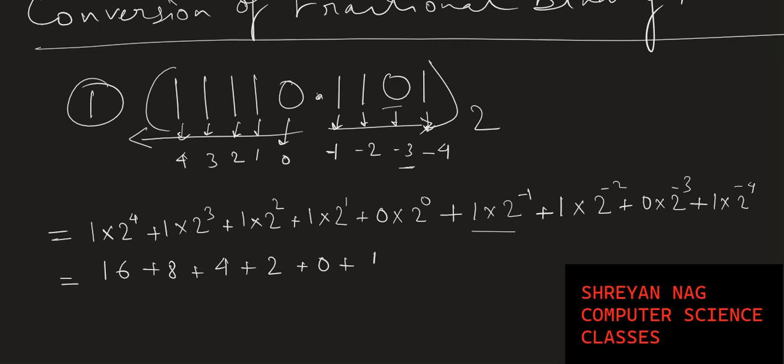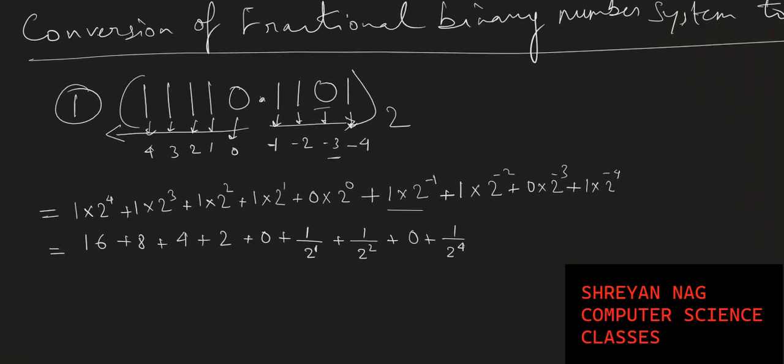So 1 by 2 to the power of 1 plus 1 by 2 to the power of 2 plus, anything multiplied by 0 is 0, plus 1 by 2 to the power of 4.